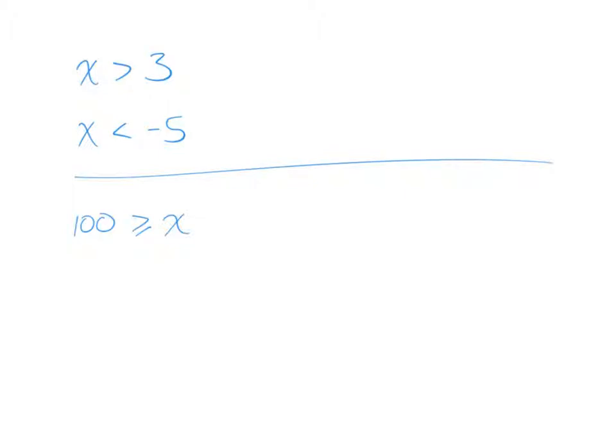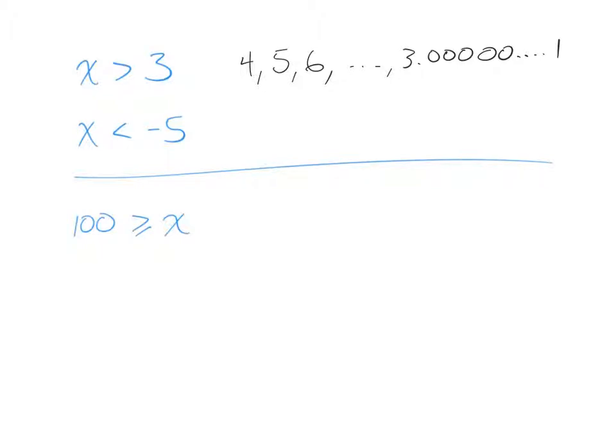I could ask you, give me a value for x so that x is bigger than 3. And you could say 4, 5, 6, basically anything that is just a little bit bigger than 3. You could also pick 3.000001, and that is still bigger than 3.